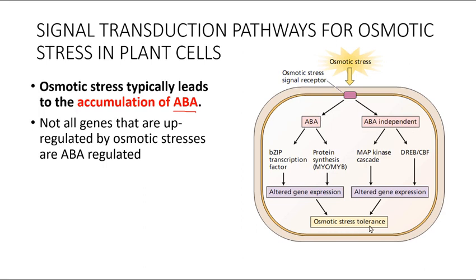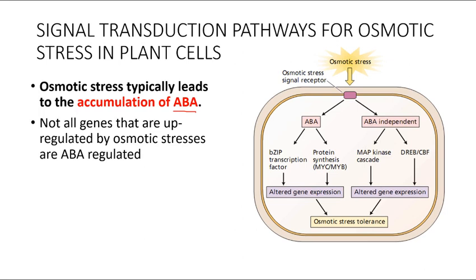Okay, so osmotic stress tolerance can be in an ABA dependent manner, or it can be in an ABA independent manner. So it's not necessary that all the genes that are upregulated by osmotic stress are ABA regulated. There are some genes which are activated in an ABA independent manner also.